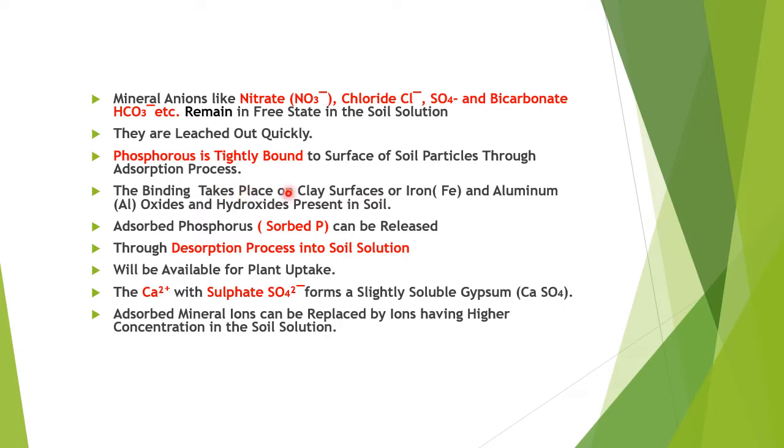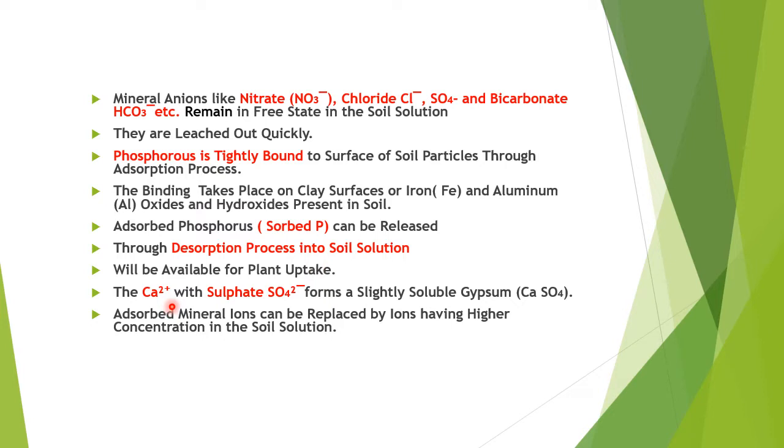The binding takes place on clay surfaces or iron and aluminum oxides and hydroxides present in soil. Adsorbed phosphorus, called sorbate phosphorus, can be released through the desorption process into soil solution. It will then be available for plant uptake.